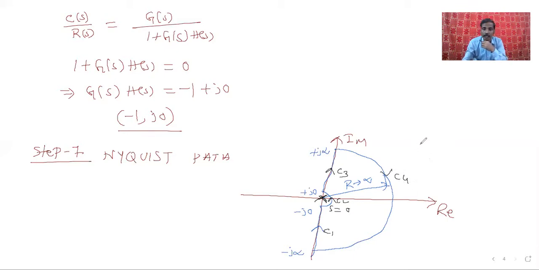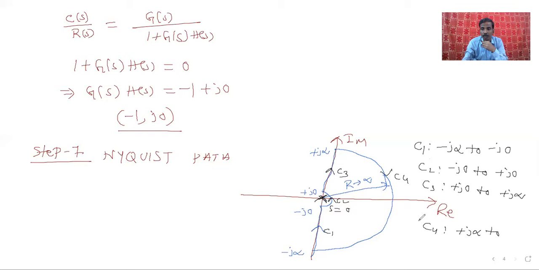So C1 goes from minus j infinity to minus j0, C2 from minus j0 to plus j0, C3 from plus j0 to plus j infinity, and C4 from plus j infinity to minus j infinity.